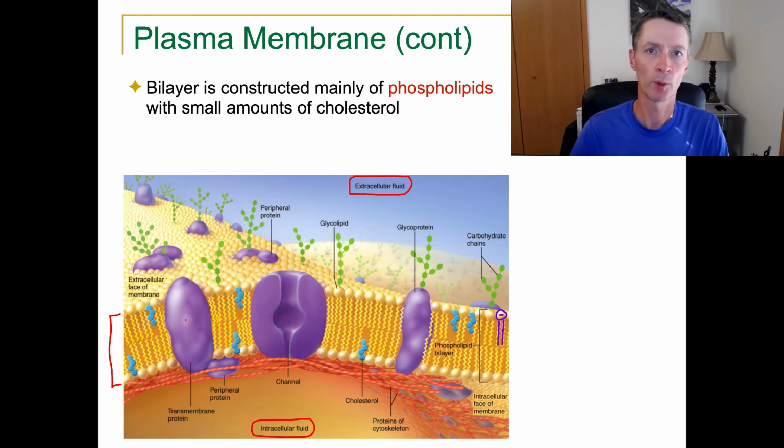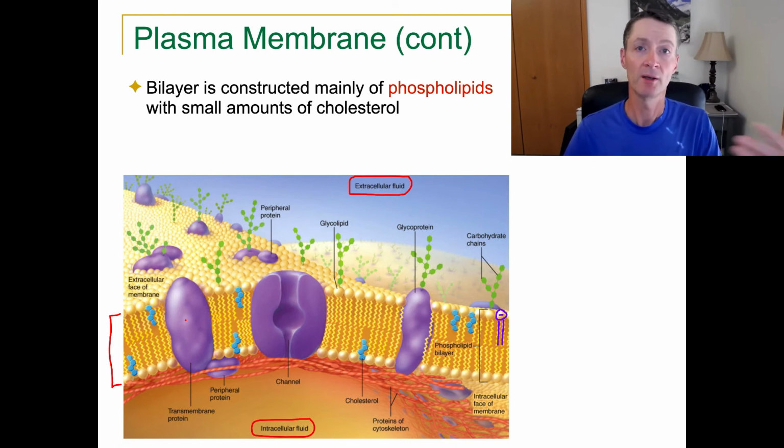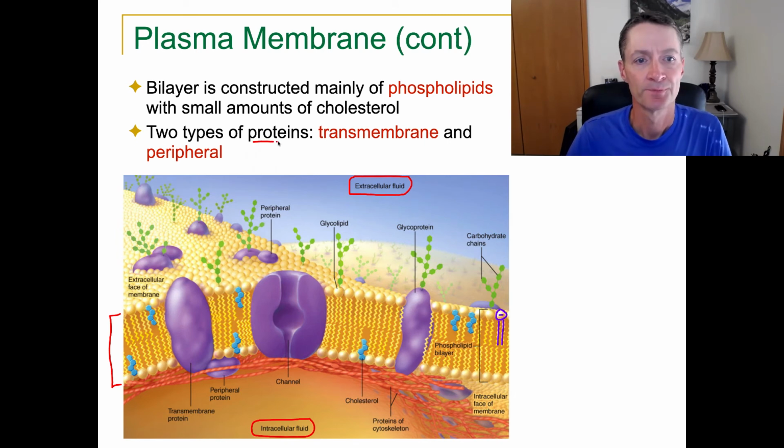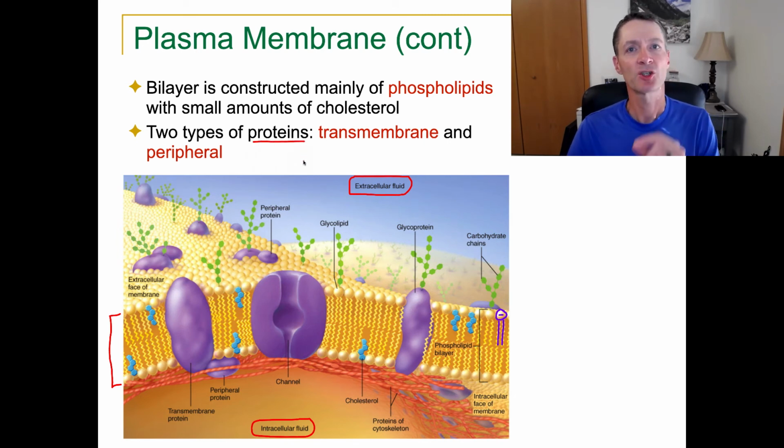Okay? That's why we think of it like a fluid. But then we have these various proteins. Think of the proteins like ships in this sea. Okay? Some of these ships actually have parts that poke out on the outside and poke out on the inside, like you see here and here.